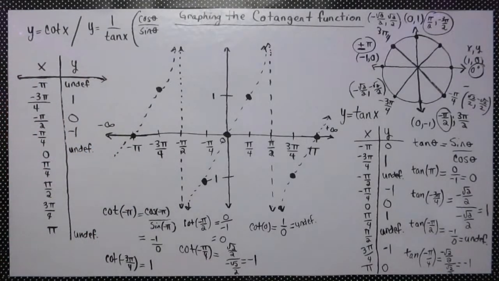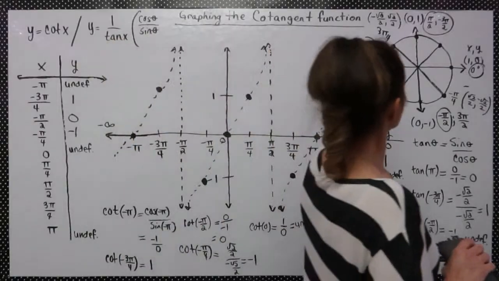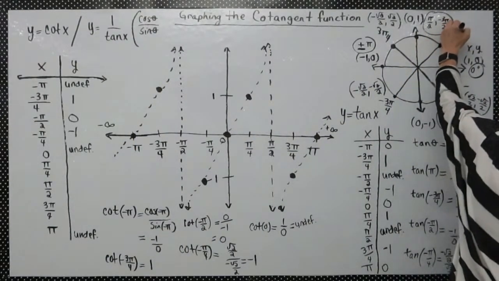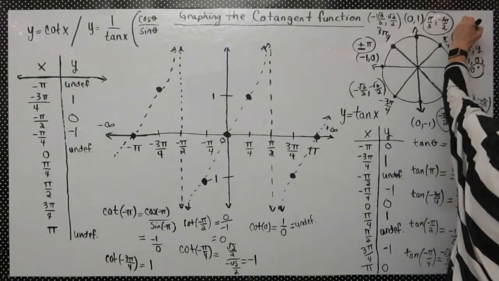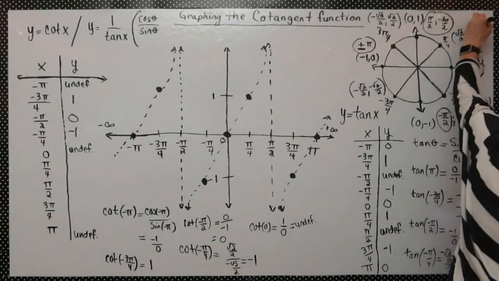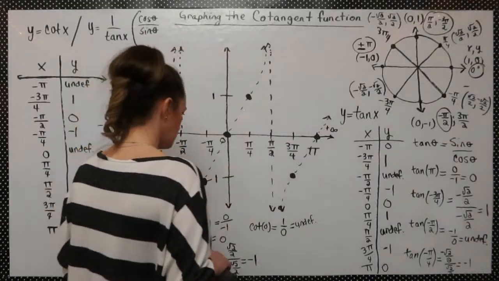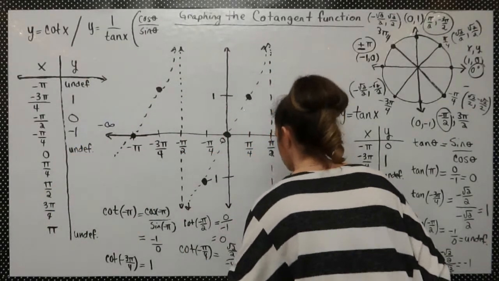And then we've got pi over 4 right here, the first quadrant. This is radical 2 over 2, comma radical 2 over 2. So that's just 1. Anything divided by itself is equal to 1.